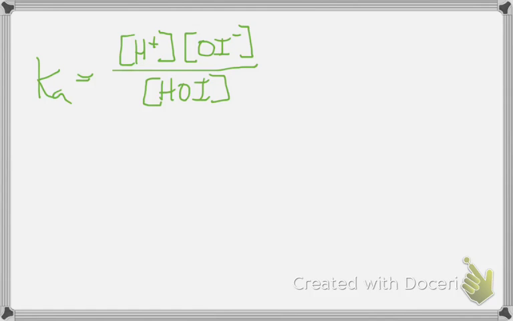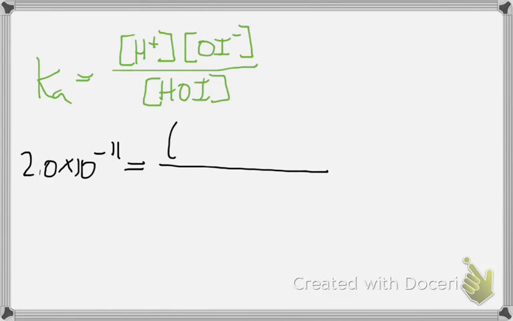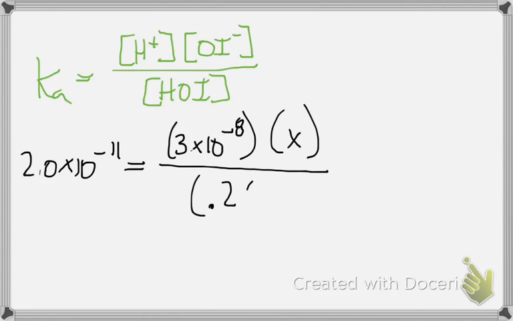All right, the value of Ka was 2 times 10 to the negative 11th. Our target concentration of H plus we said was 3 times 10 to the negative 8th. We don't know what our hypoiodite is, and our HOI is 0.20.